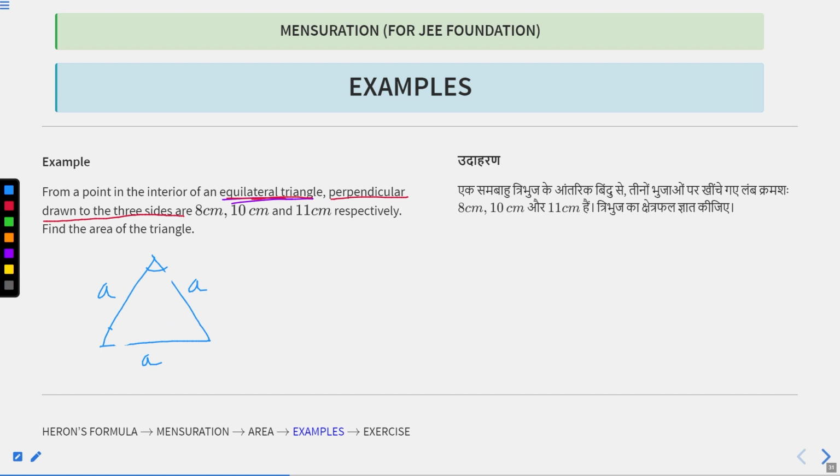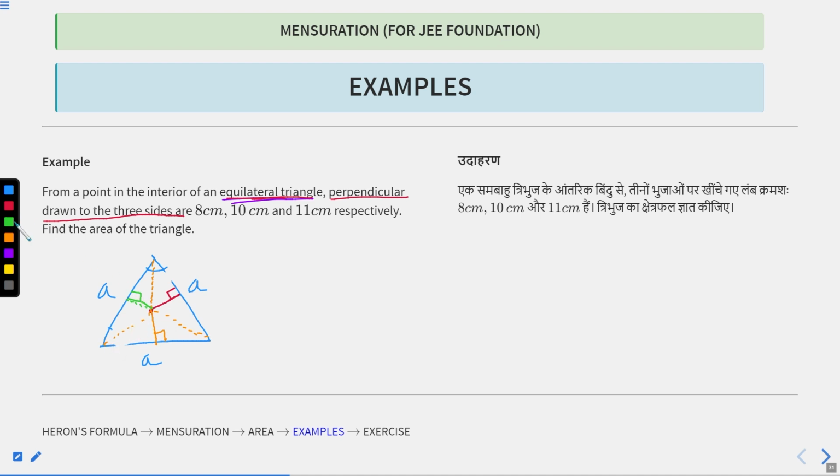So let's say this is our interior point, and a perpendicular is drawn, for example this, so it is of 90 degrees. On this side it is also 90 degrees, and for this side it is also 90 degrees. I am just producing it further, it will touch the vertex.